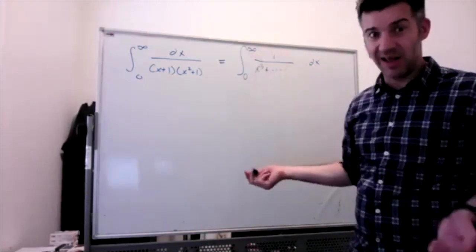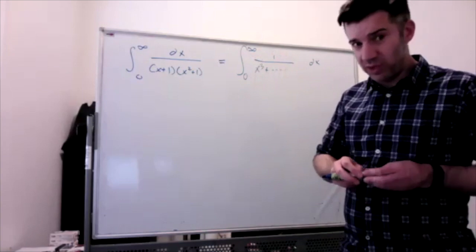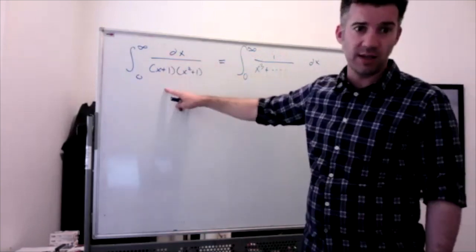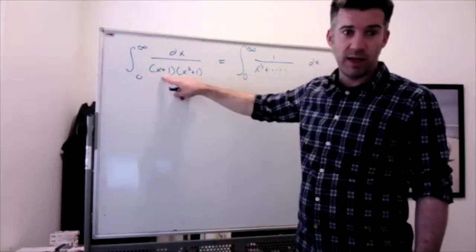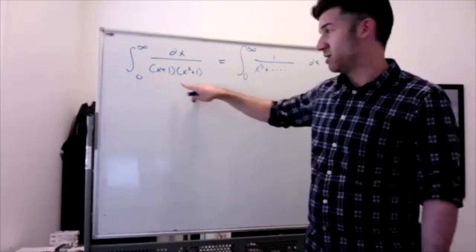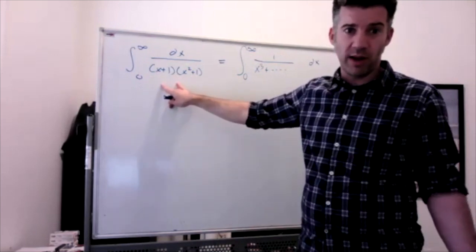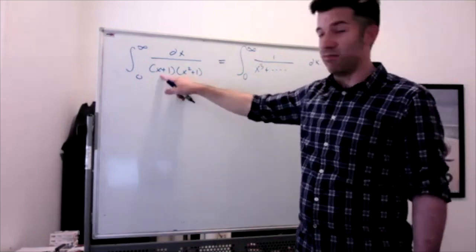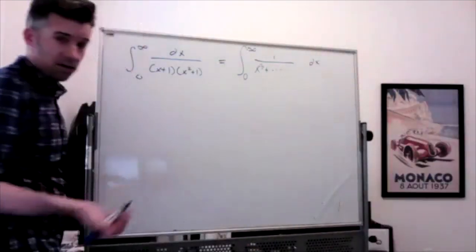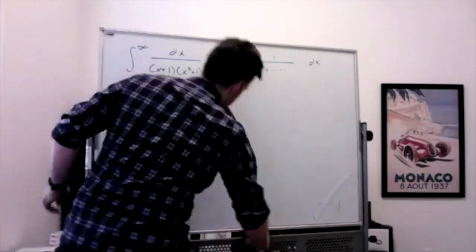So this is acting like a 1 over x cubed, which is convergent, as long as it's not undefined anywhere, which it's not, because x plus 1 is always positive between 0 and infinity, and x squared plus 1 is always positive between 0 and infinity. So this is never going to be undefined in some weird way. Like if this was an x minus 1, we'd have some other issues to deal with, but we don't. So this one's definitely looking like it's probably going to converge. That's our intuition.